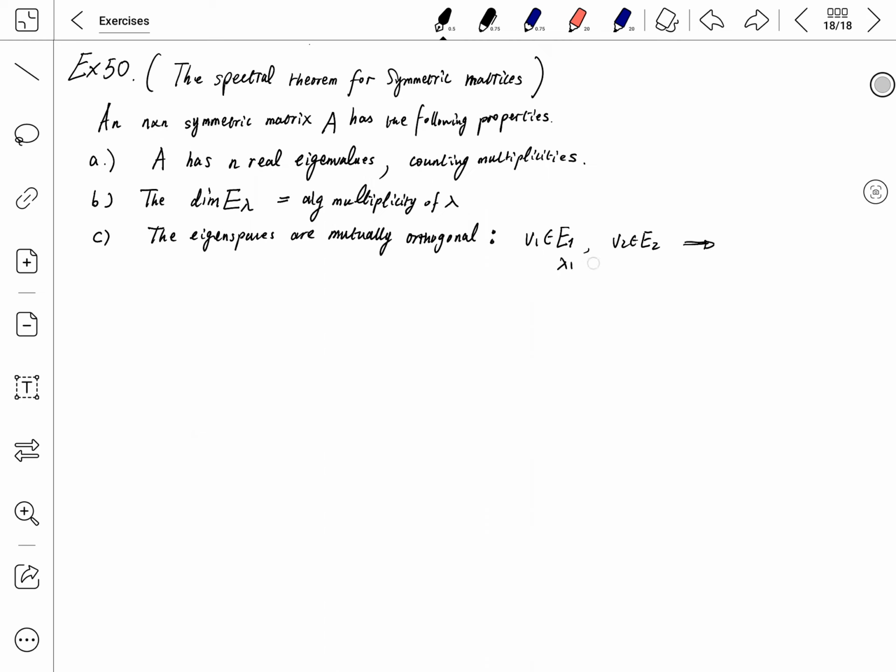I mean, E1 is denoted by the eigenspace of lambda 1, E2 the corresponding eigenspace of lambda 2. If lambda 1 doesn't equal lambda 2, then two eigenvectors v1, v2 will be orthogonal.